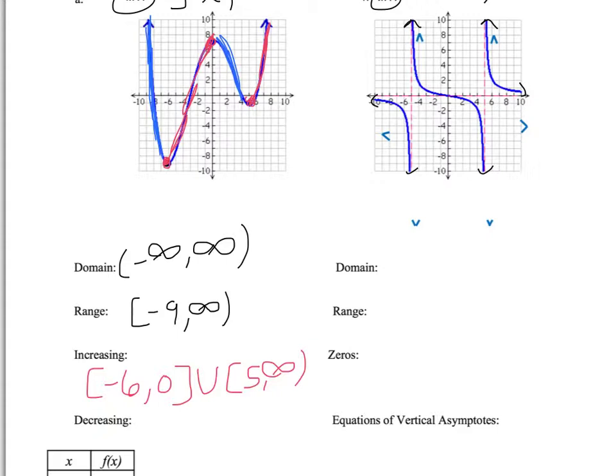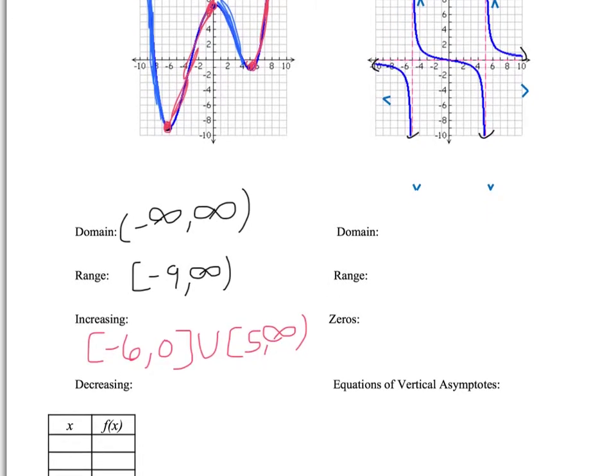Those ideas should be synonymous: the function's decreasing, and the slope of the tangent line at that particular point is negative. So that interval is going to be from -infinity to -6, union 0 to 5.